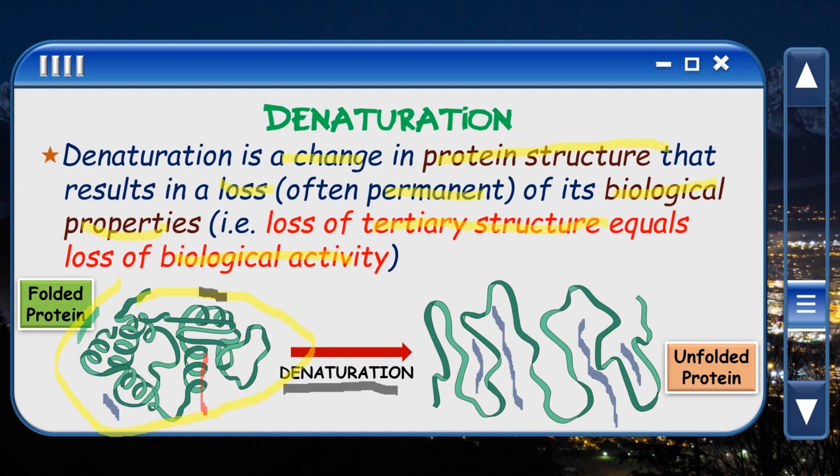If the bonds are broken, it is going to unfold. It is going to open, and when it opens, it can no longer perform its function. So we say that the protein has been denatured. It has changed its structure, therefore it has changed its biological properties. It can no longer do its function.